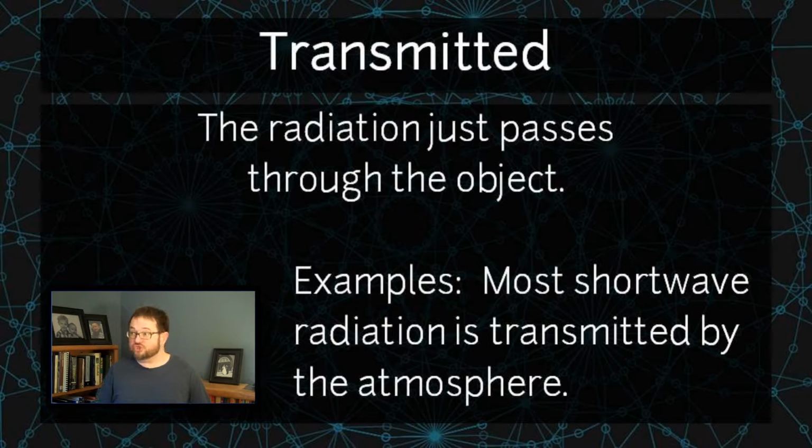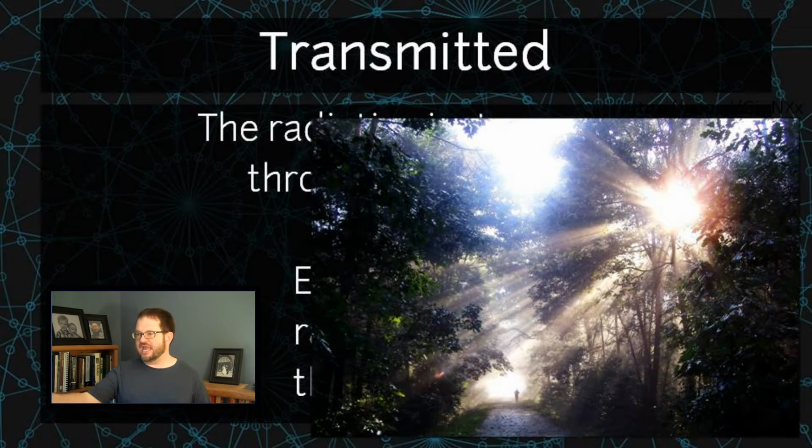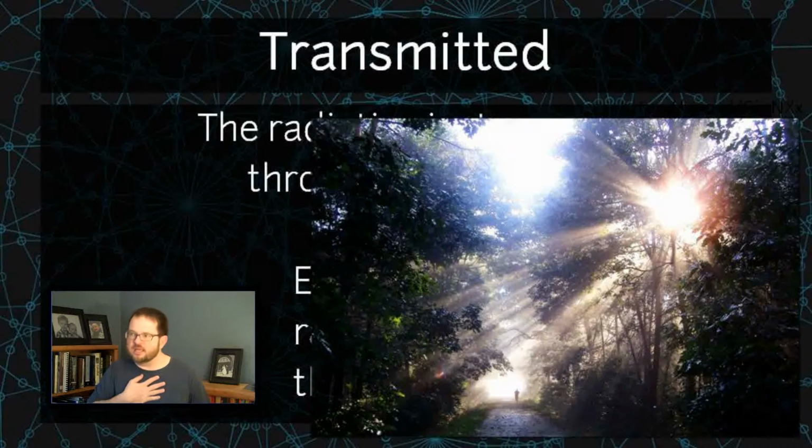In general, most shortwave radiation is actually transmitted by the atmosphere. In general, light is able to pass through air. We wouldn't be able to see if it didn't, right? By and large, light is transmitted by air. Most forms of shortwave radiation are transmitted by air. There are some exceptions.